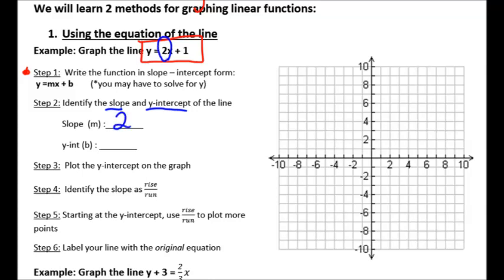The y-intercept is just that plain number at the end, so 1. To begin graphing your lines by hand, this is what I always like to do: plot the y-intercept first, because we know for sure that that is where the line will always cross the y-axis. So this line will always cross the y-axis at 1.